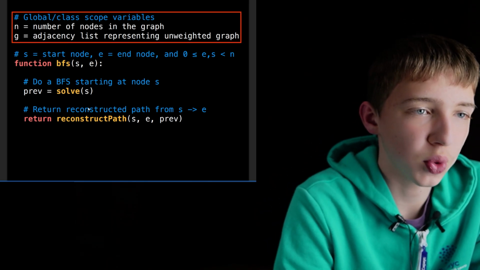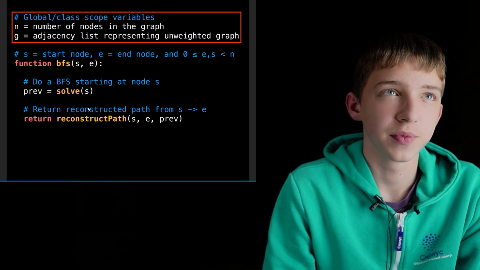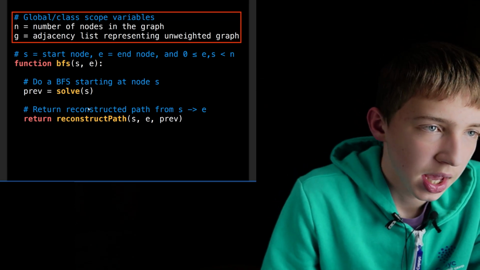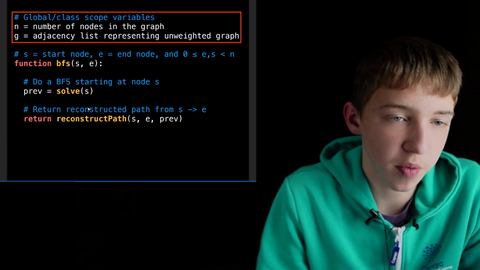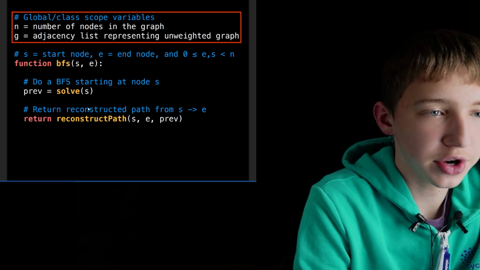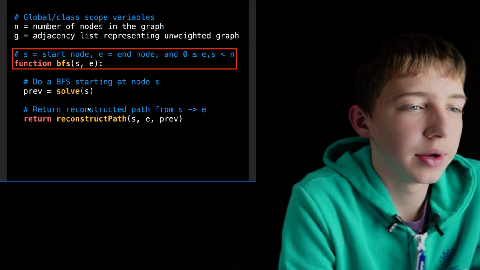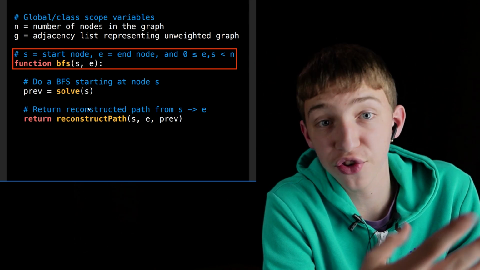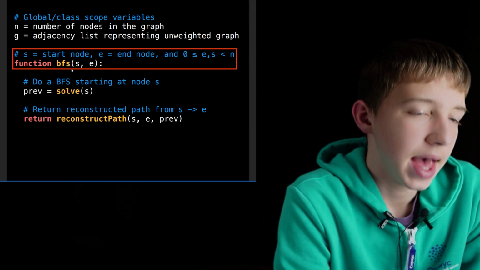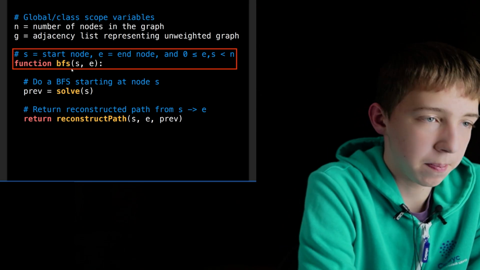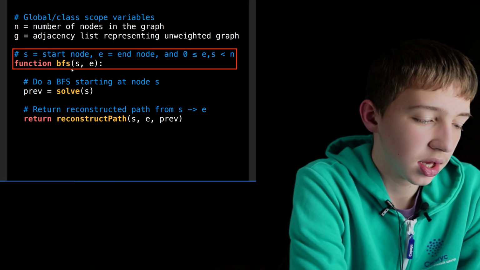All right, so let's start with the block of defining variables. That is the number of nodes in the graph and the adjacency list that is representing our graph. So we're starting with also declaring the BFS function.